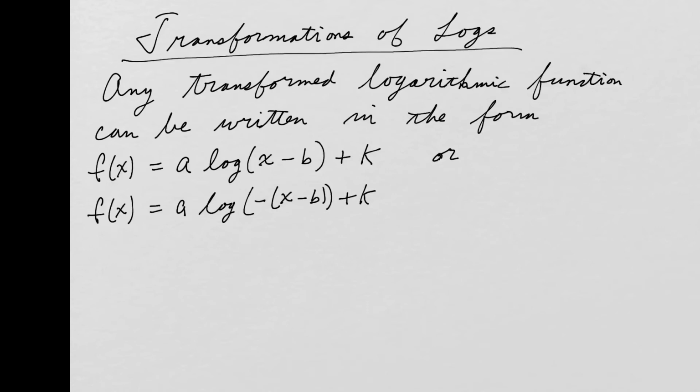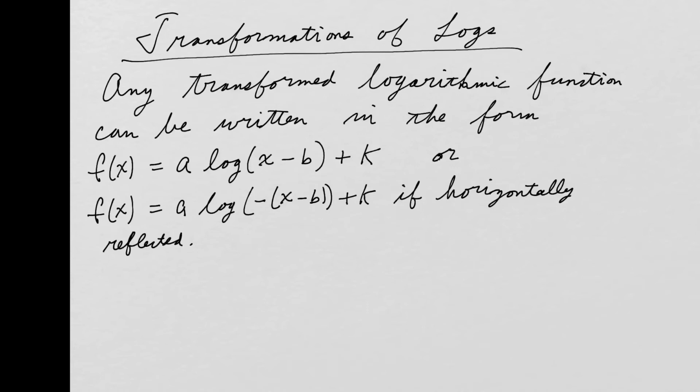If the graph is horizontally reflected, if it's reflected about a vertical axis. If it's not, and you'll know that immediately by looking at the graph, whether it's flipped about a vertical axis or not, then you use the first one. If it is flipped, then we have to use that second one, where we have to put that negative in. Remember, the negative of the argument flips it about a vertical axis.